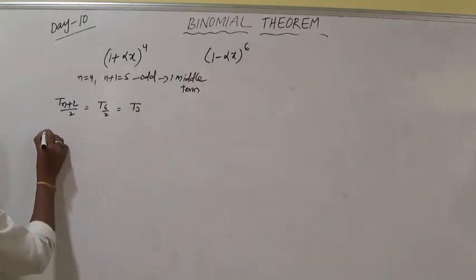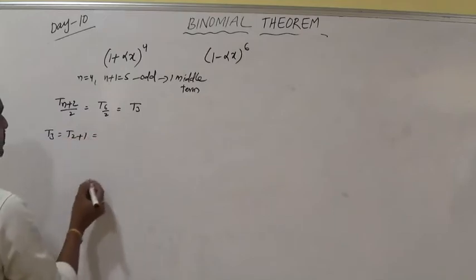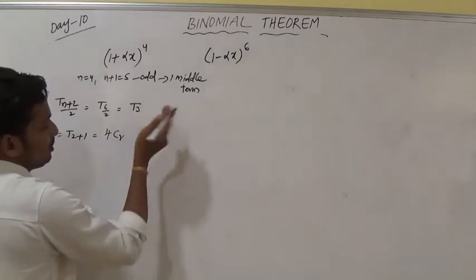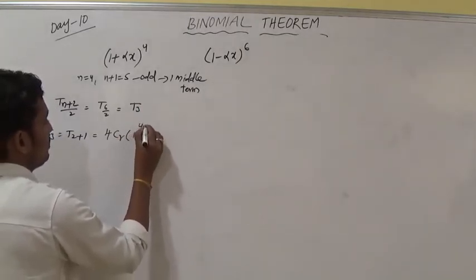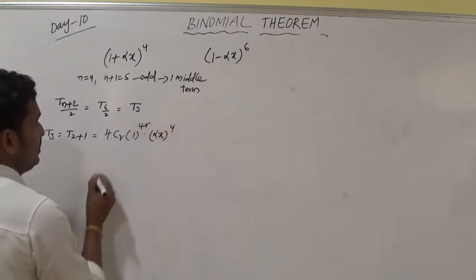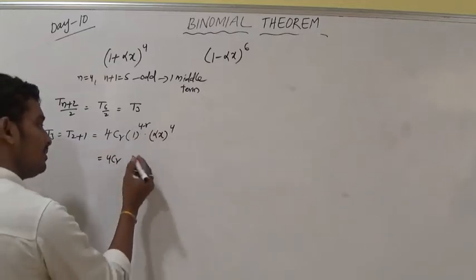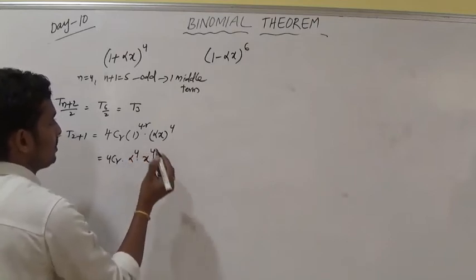So now we are finding T3 is equal to T(2 plus 1) is equal to 4Cr 1 to the power of (4 minus r) into (alpha x) whole to the power of r. 1 to the power of anything is 1, so that is 4C2 alpha power 2 into x to the power of 2.